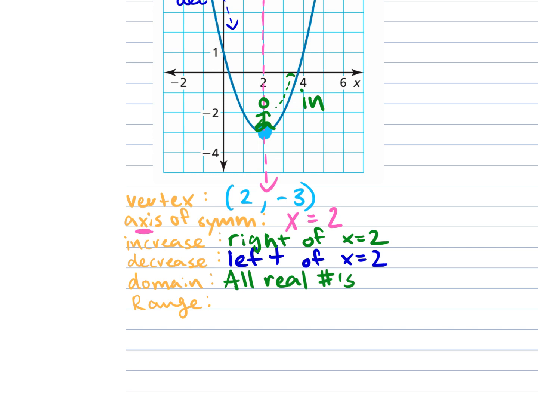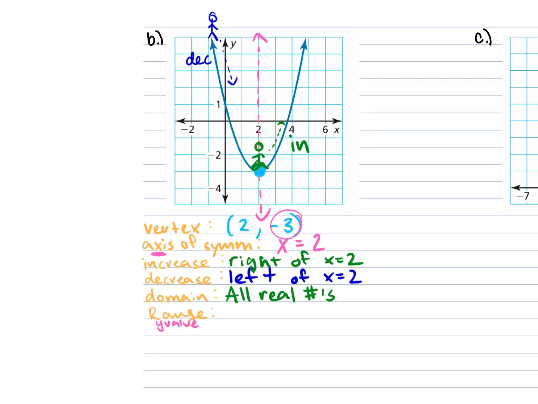And then our range, we use the y value, because with range, we talk about the y. What's our y value in our vertex? -3. Is the y value in our graph greater than -3, or are we talking about y values that are less than -3?